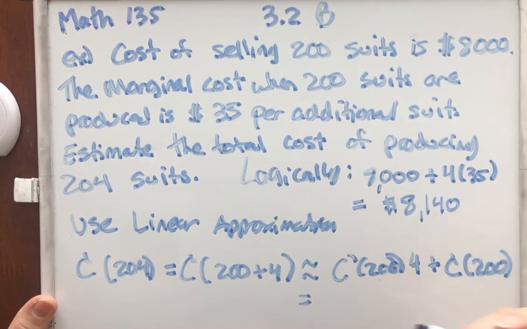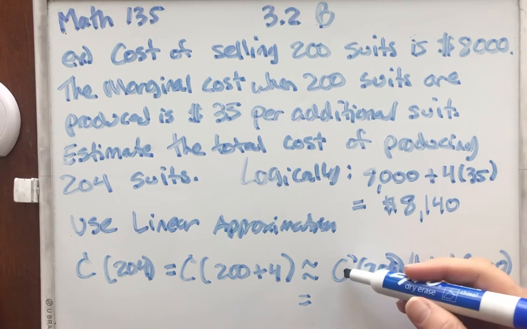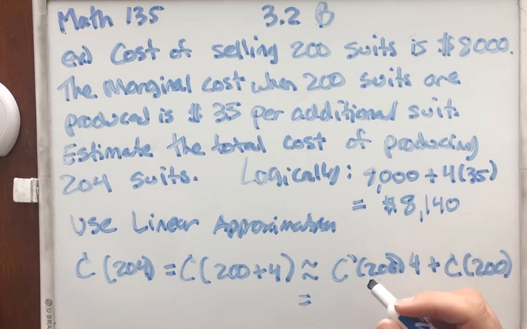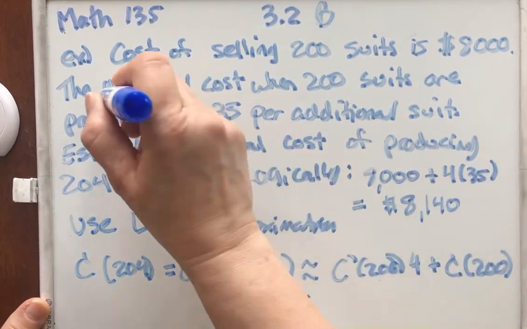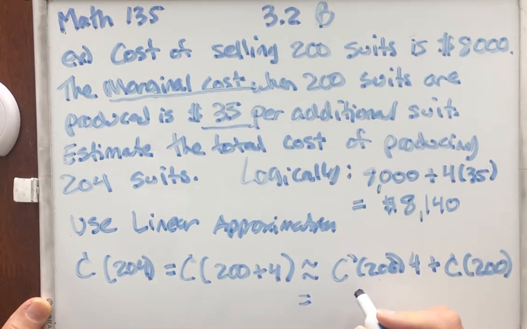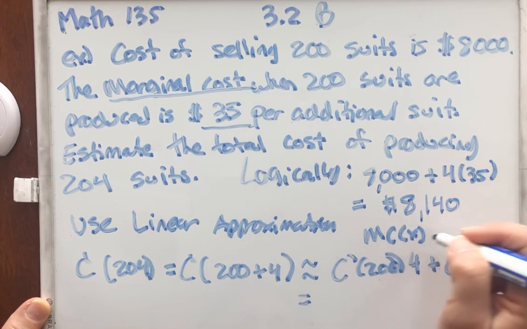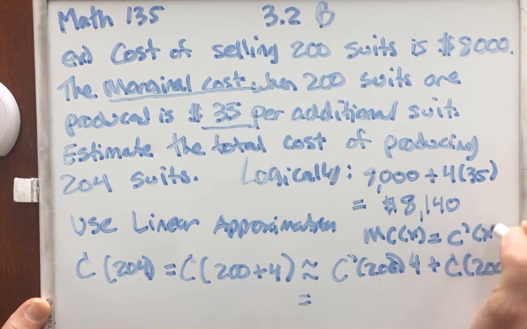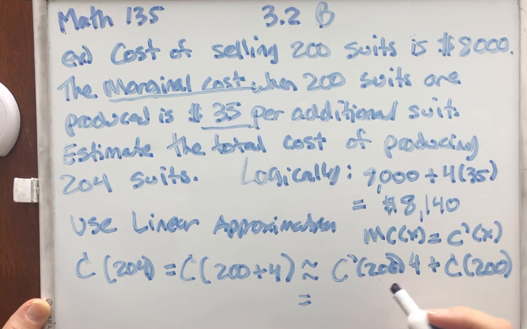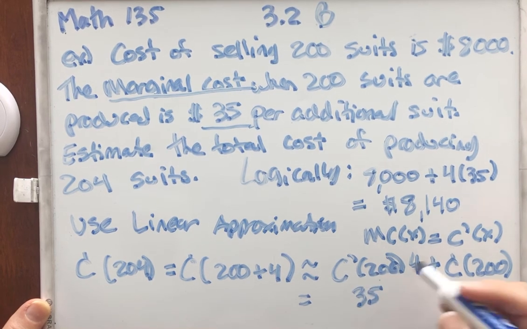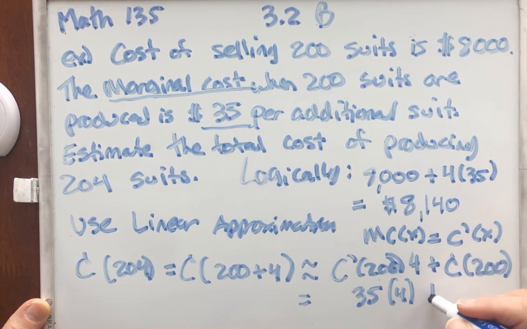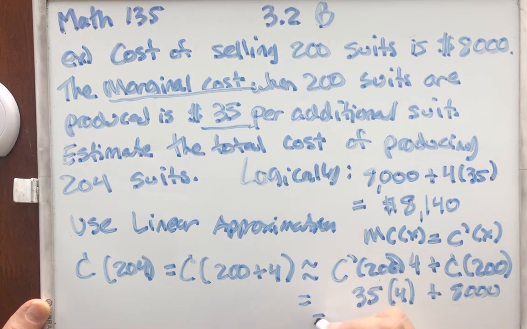The derivative, C prime of 200, we know is 35 because the marginal cost is 35. Since the marginal cost equals the derivative of the cost, C prime of 200 is going to be 35. We're going to multiply that by 4 and then add C of 200, which is $8,000. And again, we have the total of $8,140.